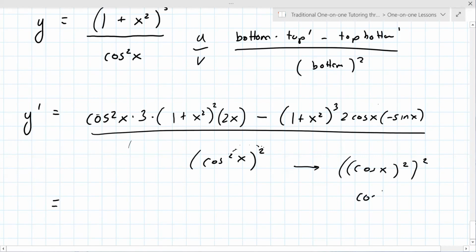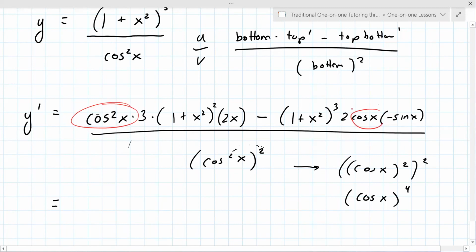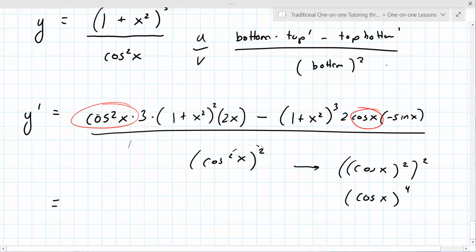That's why it becomes cosine to the fourth x. Are you factoring out a cosine squared x? No, just one cosine. I was attempting to show you how this might be simplified. I was taking a cosine out of those two on the top. Oh, I'm sorry. Got it. There's a lot that this does, but this is not a good example for us; it's too complicated. It takes too much time.